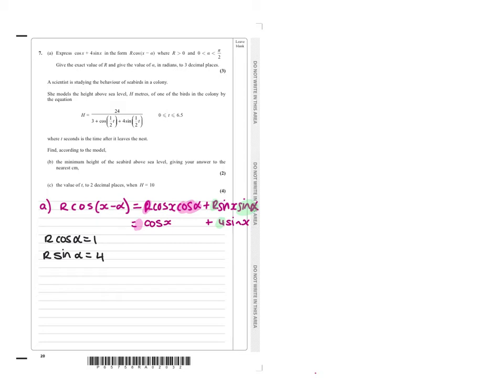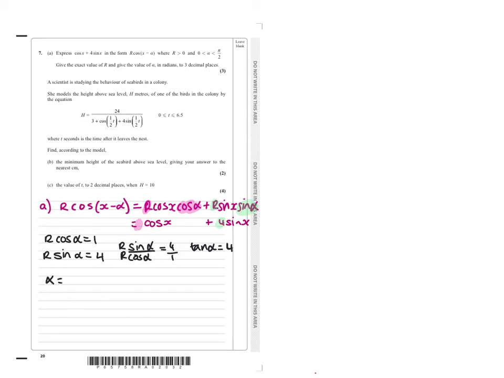There is a relationship between sine and cos: sine over cos is tan. So sin alpha over cos alpha, we can keep the r's there because they're going to cancel anyway, equals 4 over 1. So tan of alpha equals 4.